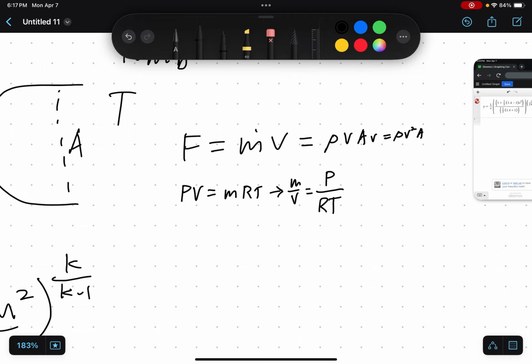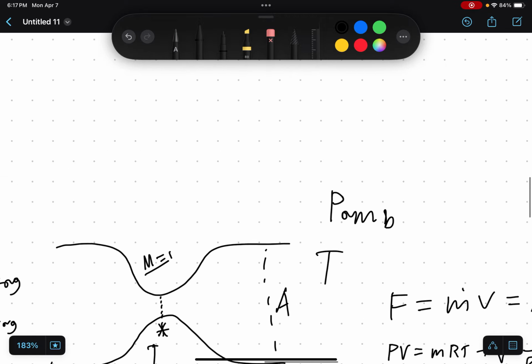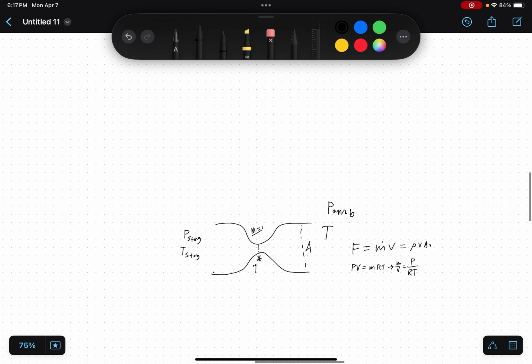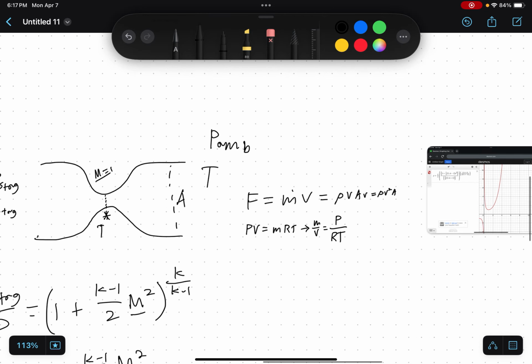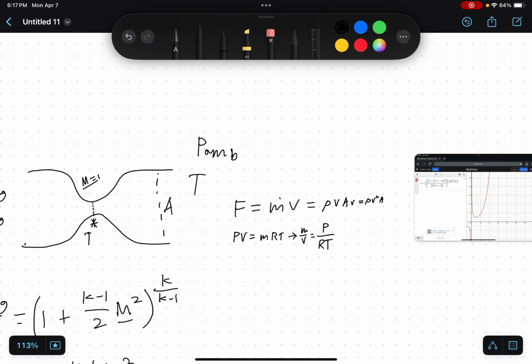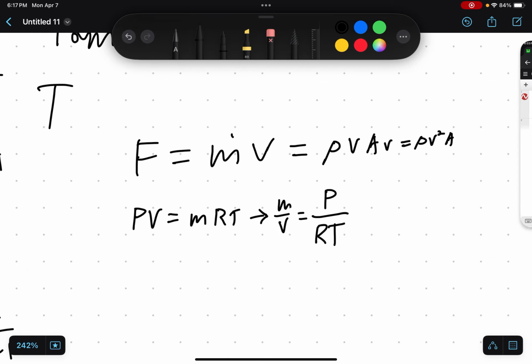And R is the gas constant. For air, you can look it up. I think it's 287 if you're doing kPa, and it's 1717 if you're doing feet or the other units. But yeah, you just literally look it up.